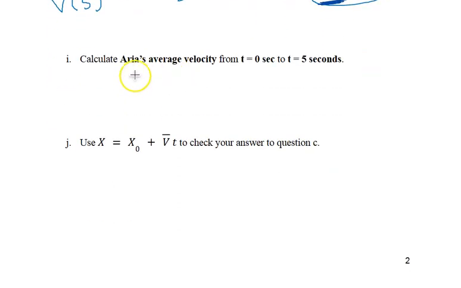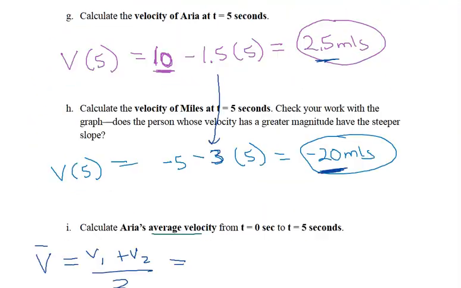Okay, now we're going to find her average velocity. We're going to do this the lazy, clever, and attractive way. We're going to take the numerical average of the beginning speed and the final speed. At t equals 0, I have 10 for her.